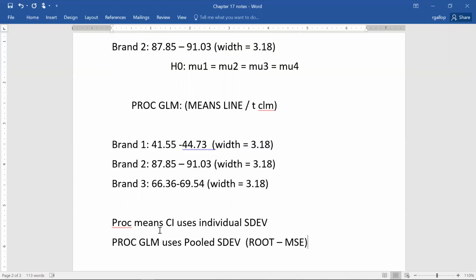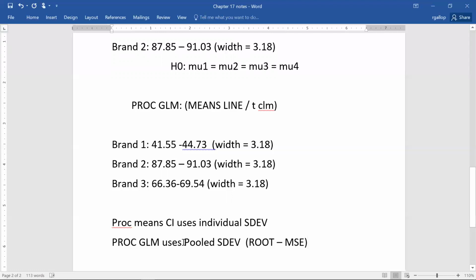The confidence intervals we should use are the ones where we have the most reliable estimate of the standard deviation per level. Now, I'm saying it that way, the standard deviation per level. The most reliable estimate of the standard deviation per level is our estimate based on the pooled standard deviation.